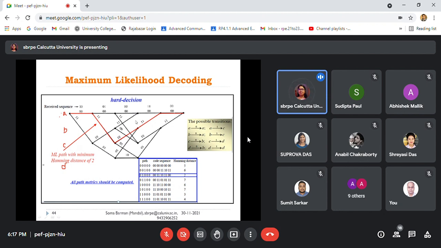Okay. So you only receive the code word, and you know either the state transition table or the trellis diagram is given to you. Clear?